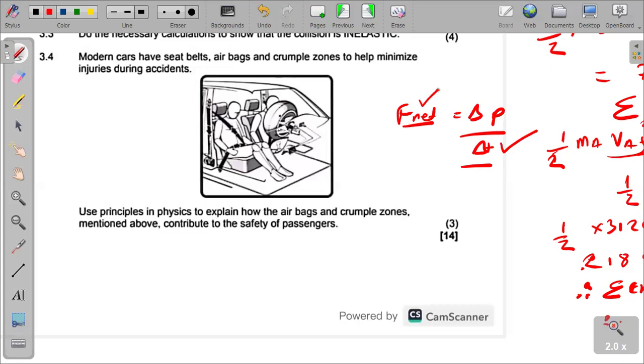So we are saying that during the collision, the impulse, or the change in momentum, remained constant, and the time increases. And when the time increases, the net force decreases. So we are just indicating that from the equation, F net is equal to delta P over delta T. Right, so we have answered this question.